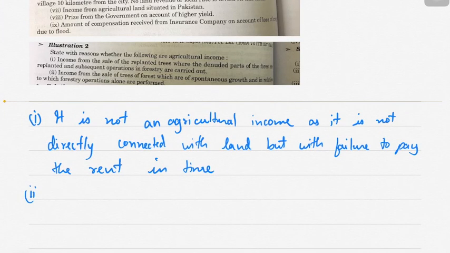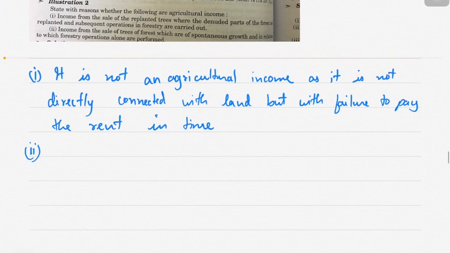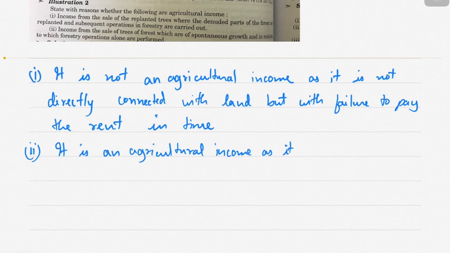So write down, it is an agricultural income as it is an agricultural activity.